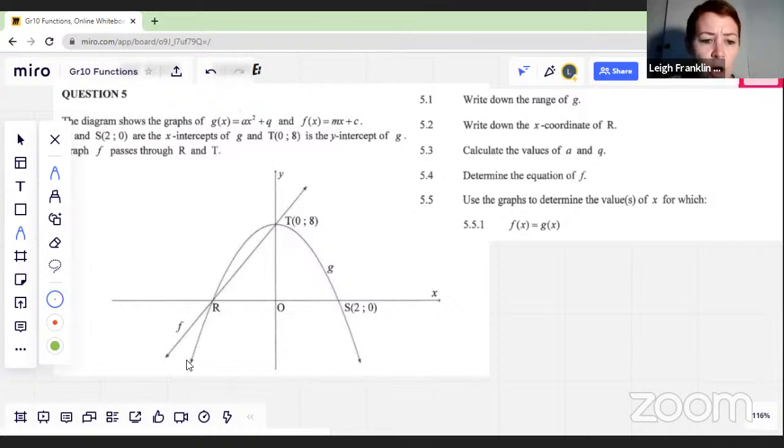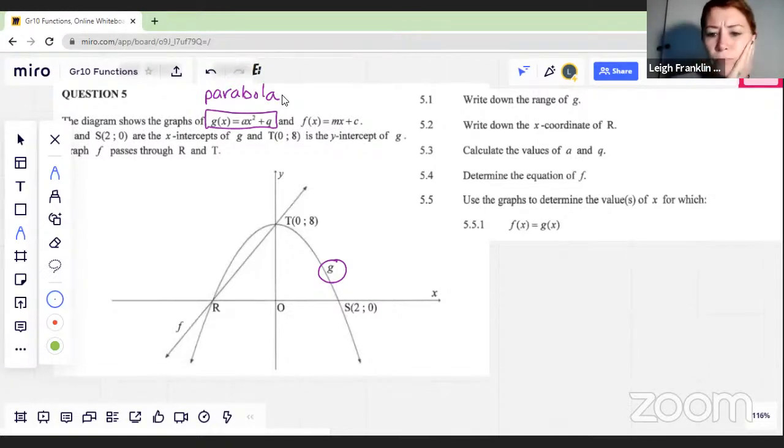So this arch that's on the diagram called G is, and this is its equation over here. This is called a parabola. It's one of the functions that you're going to study in grade 10, and parabolas always make these arch shapes.